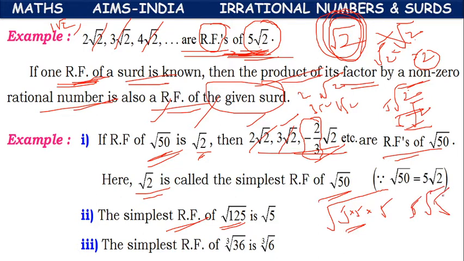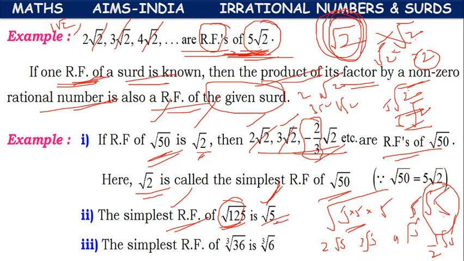So this root 5 is considered as the simplest rationalizing factor of root 125, because we can take multiples of root 5. 2 root 5, 3 root 5, 4 root 5, 5 root 5, 1 by 2 root 5, all will be the rationalizing factors of root 125. Because based on root 5, we can take any number of rationalizing factors. So root 5 is the simplest rationalizing factor of root 125.